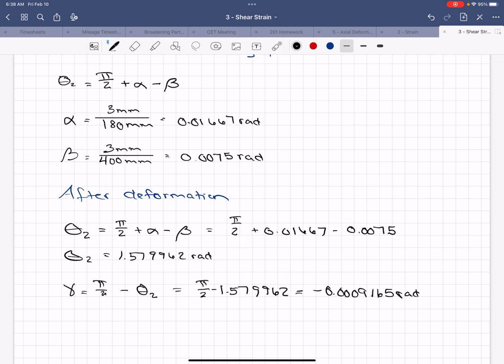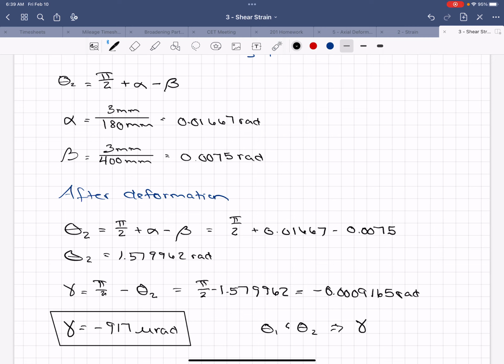This is a good place to use microradians, so we're going to multiply it times 10 to the 6th, and we get gamma equals negative 917 microradians. So it's negative because theta 1 is less than theta 2, therefore gamma is negative. All right.